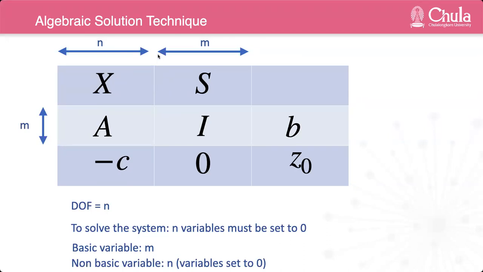Okay, good. You see that our degree of freedom is n. Right? Because what is the number of variables in this case?